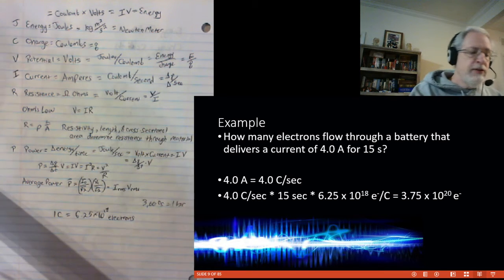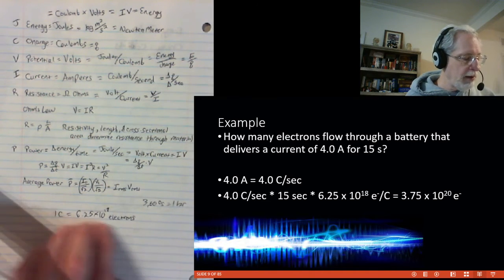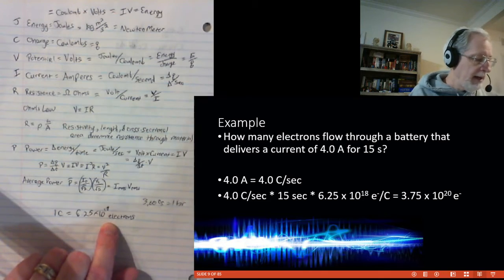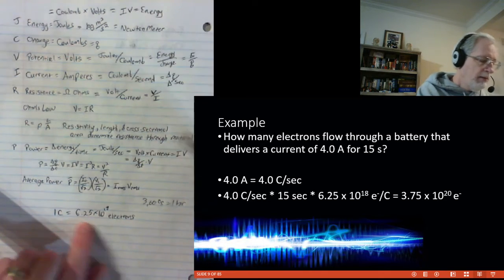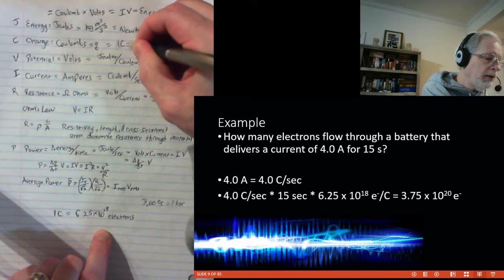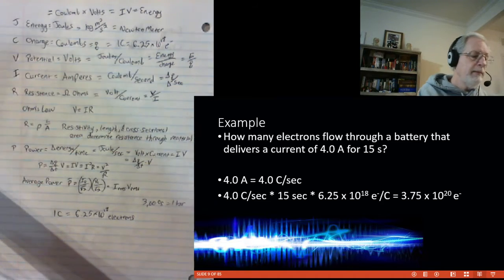That was in the previous chapter. So we've done these numbers before, but we're still going to use this conversion. And I can actually put this up here: 1 C is equal to 6.25 times 10 to the 18th electrons.